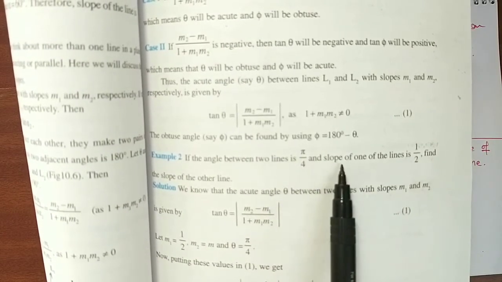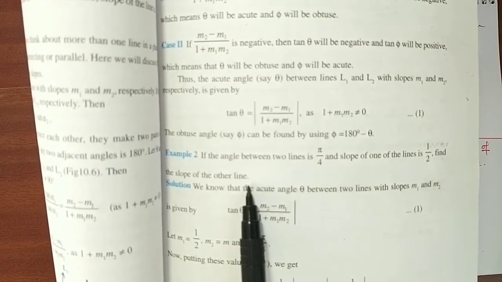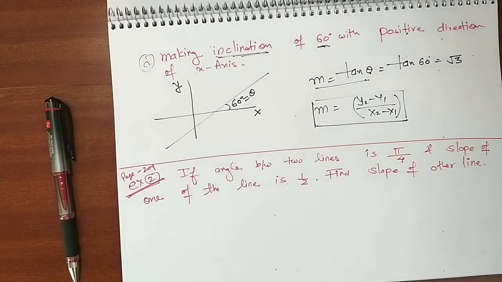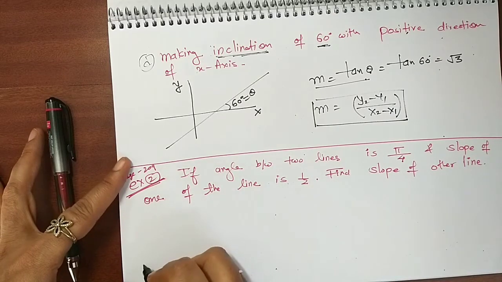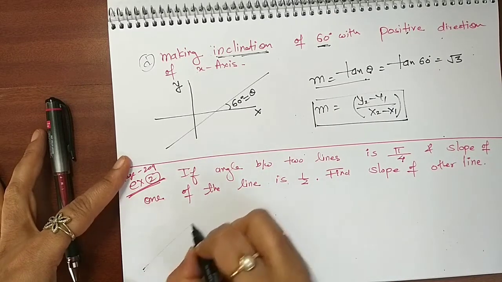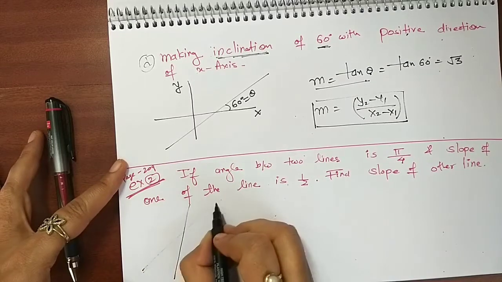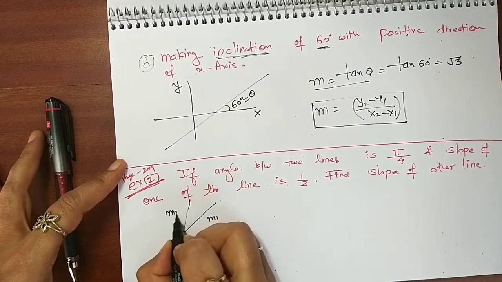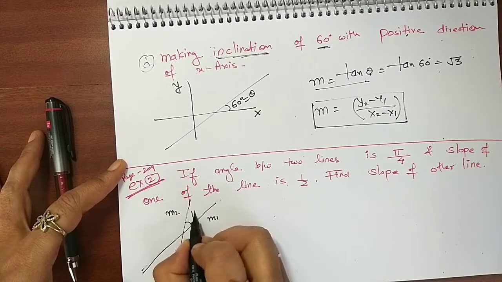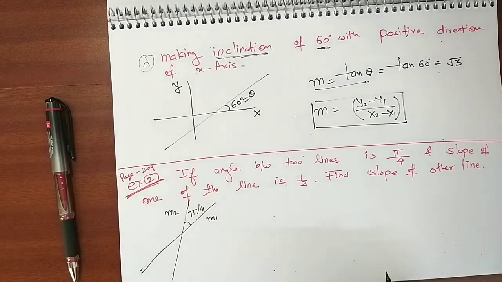So they are saying if the angle between two lines is pi by 4 and the slope of one line is 1 by 2, find the slope of the other line. Okay, so what we will do is, suppose there are two lines, this line and this line. The slope of this line is m1 and the slope of the other line is m2, and the angle between them is given as pi by 4.